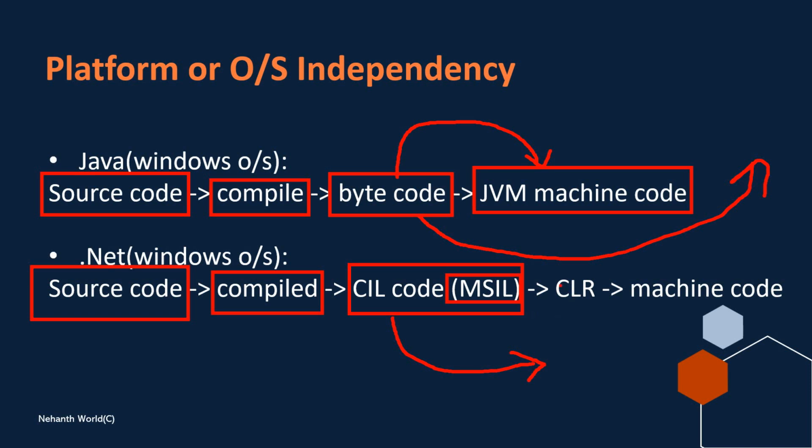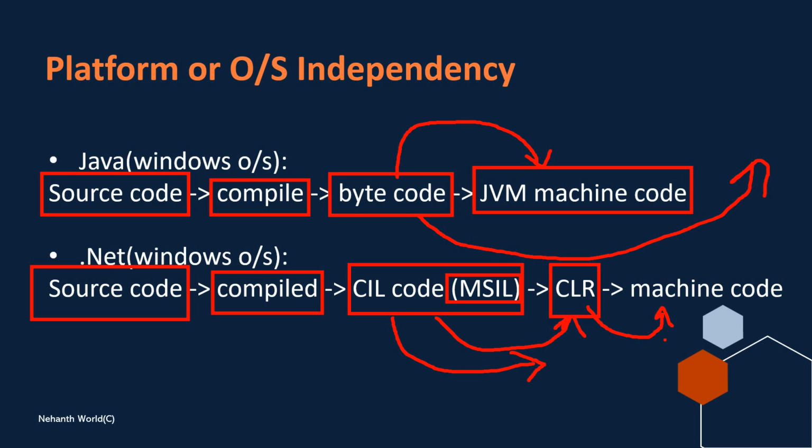It needs a special software like CLR. CLR is nothing but Common Language Runtime. If you pass this CIL code to the CLR, this CLR will generate the machine code. That machine code can be run on that particular operating system. This is how Java and .NET are platform or operating system independent languages.